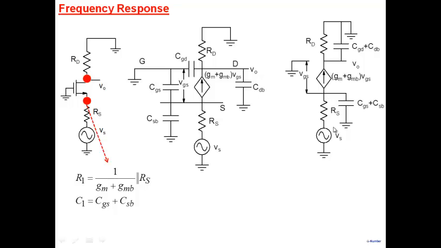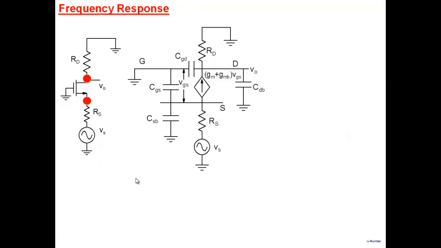If I look at this particular node, the net capacitance at this node is CGS plus CSB. The net resistance at this node means you look down here, you see RS, and you look up here, you're looking into the source. When you look into the source, you see a resistance 1 by GM plus GMB.